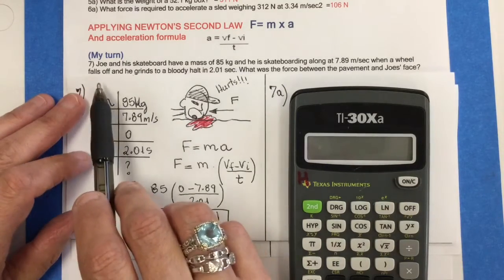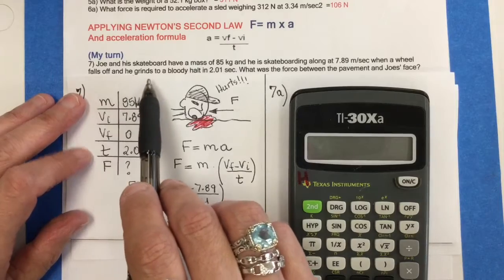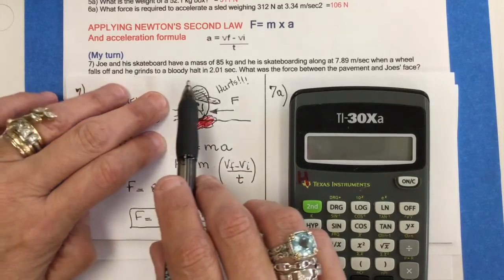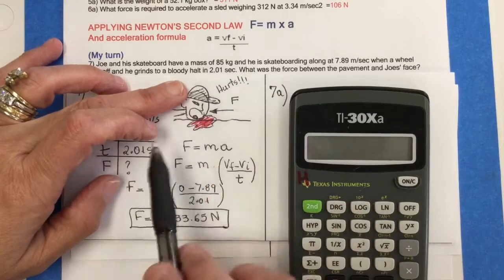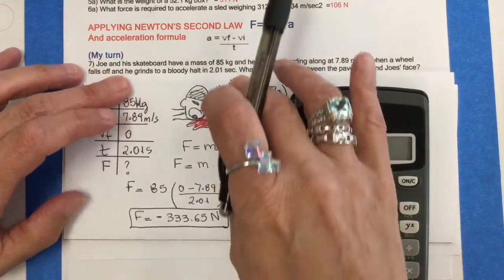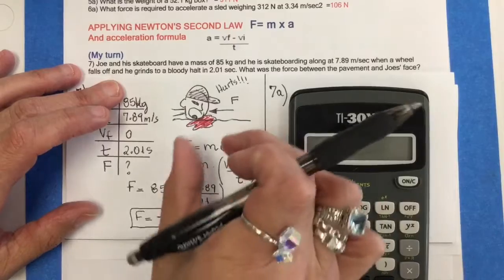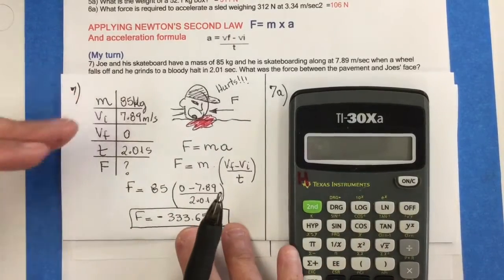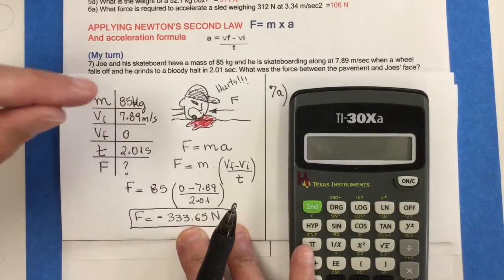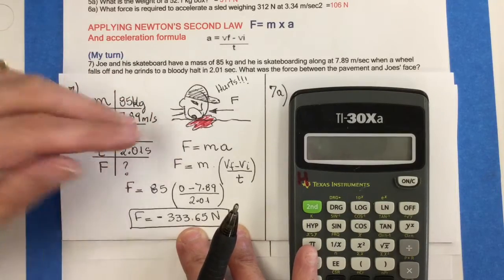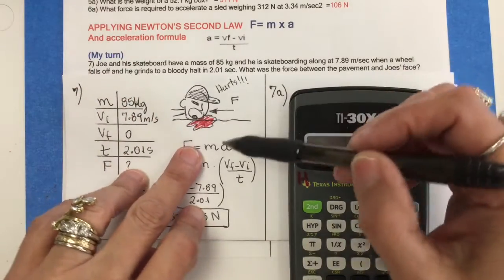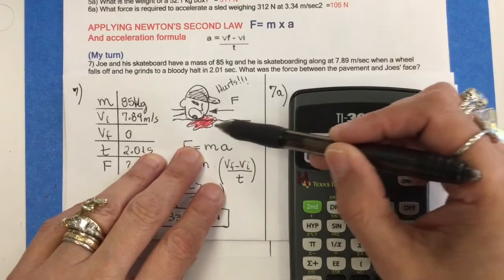So when a wheel falls off and he grinds to a bloody halt in 2.01 seconds. So that's the interval of time when he was coming with that speed and he fell and was stopped by the pavement.